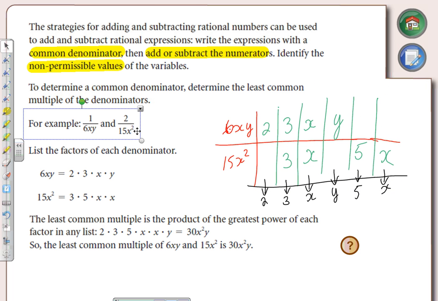So you can see we've got the 2 times the 3 times the 5 times the x times the x times the y, which gives us 30x squared y. And that's my LCD. Multiply those up together.